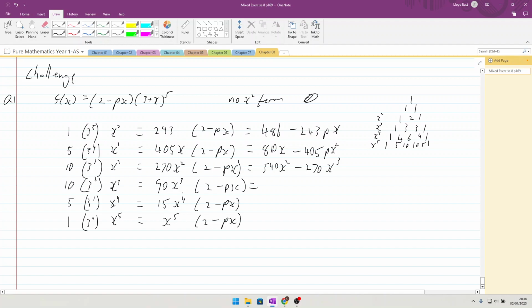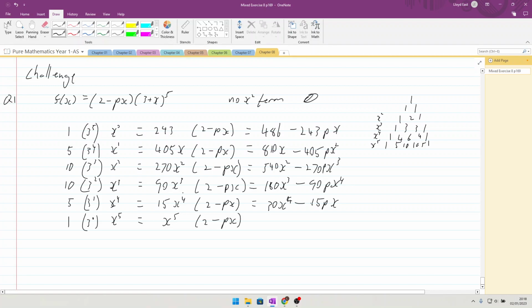Okay, and as we come down here, 180 x to the 3 minus, got my p up there, minus 90 px to the 4, okay, and then 30x to the 5 minus 15p x to the, there, that should be 4, shouldn't it?